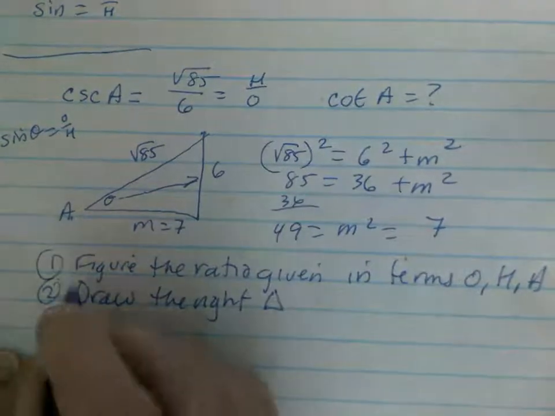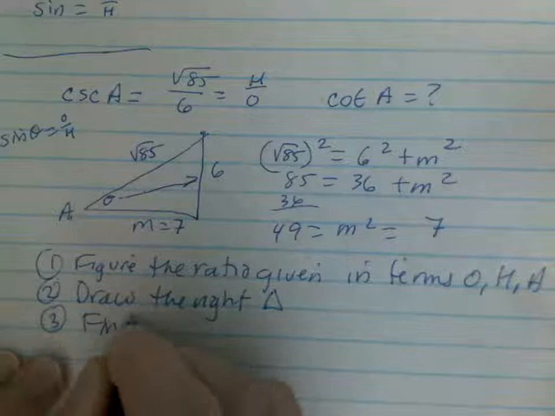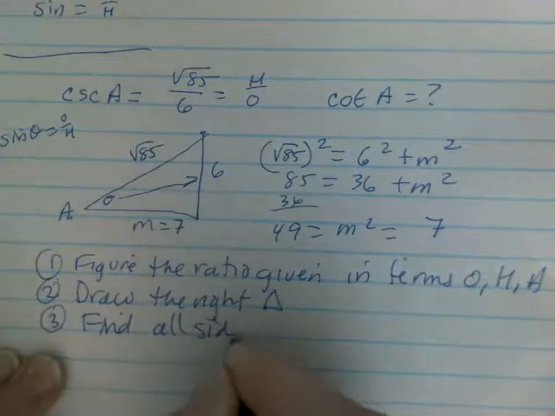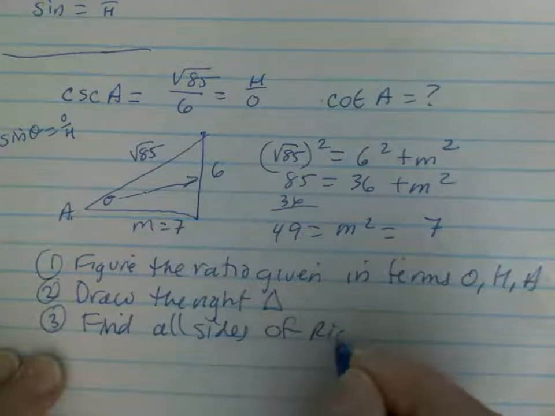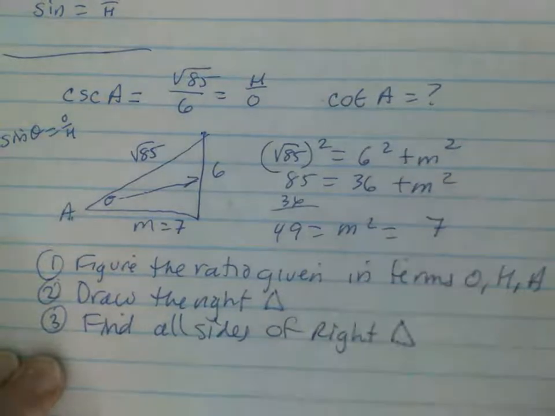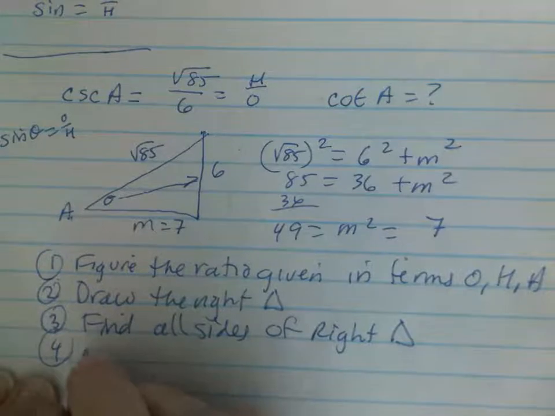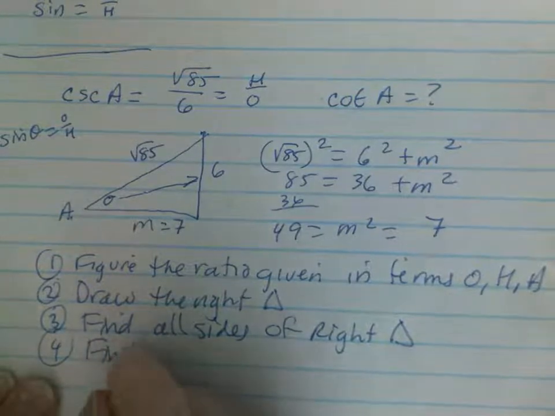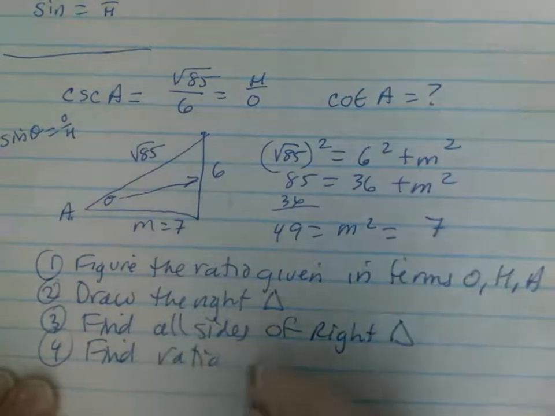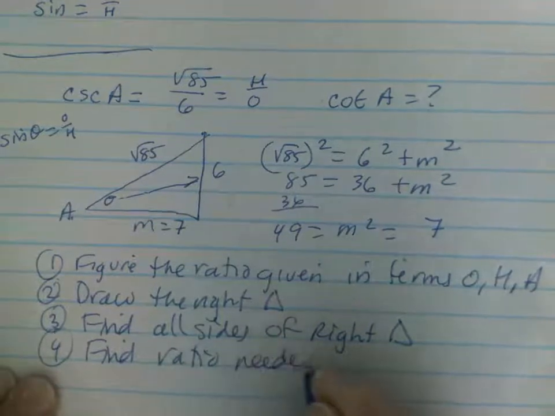Third step is to find all sides of that right triangle. Usually there's only one missing each time. And then the fourth step is finally to find the ratio that they're asked. Find ratio needed. And that's the step that we're on.